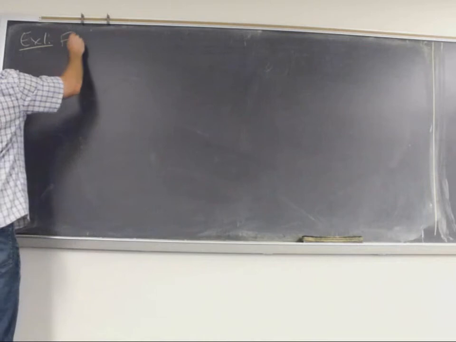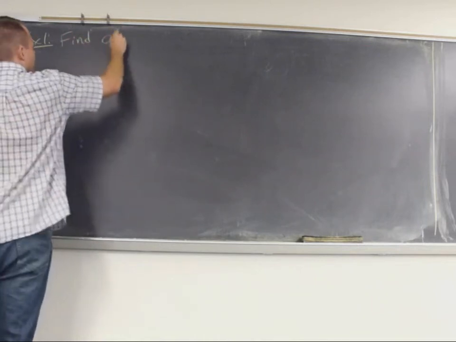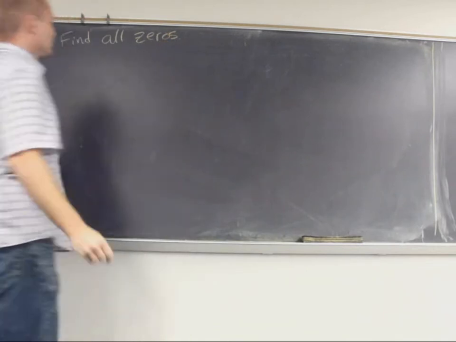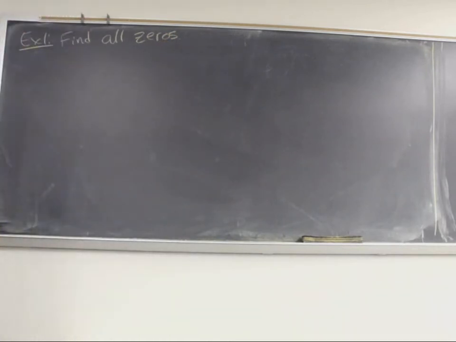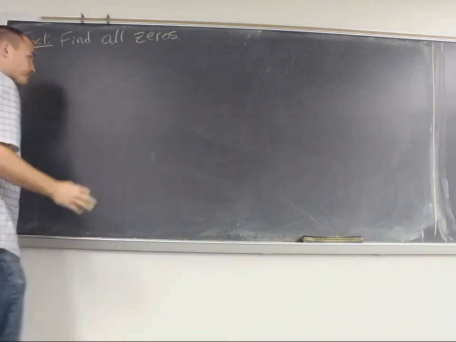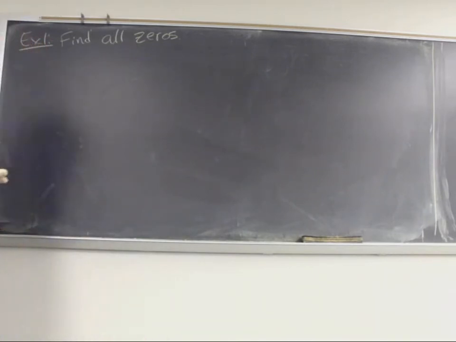Example 1, find all zeros. All right, so I'm saying find all zeros. I'm asking you to do something that we haven't even talked about. What are zeros? That should be what you're thinking. What does it mean, find all zeros? Well, it's actually pretty simple.